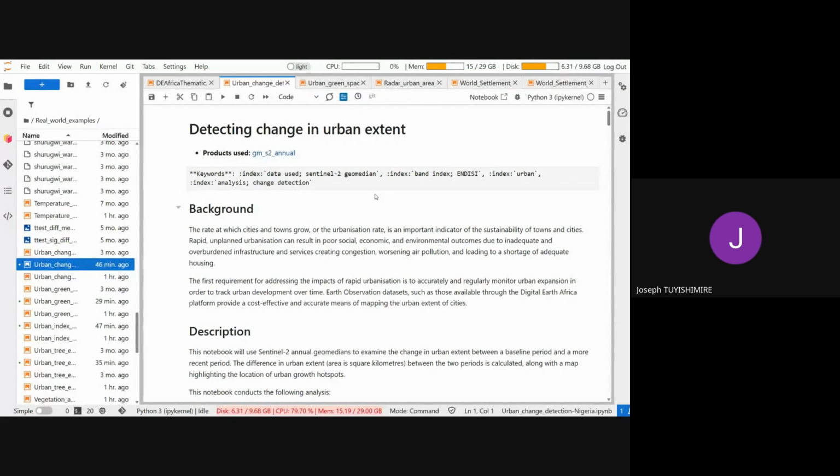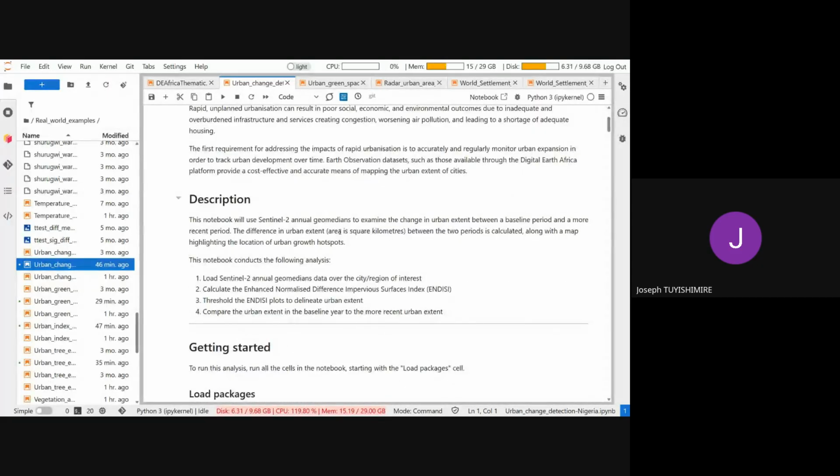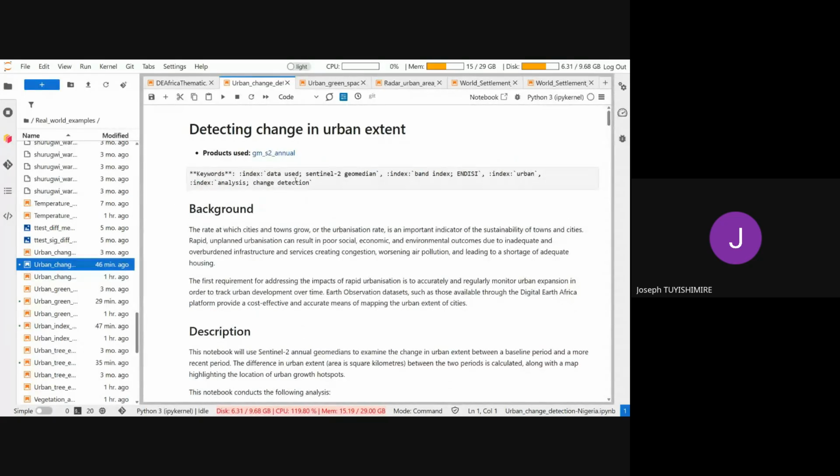This notebook, as I said, uses the Enhanced Normalized Difference Impervious Surfaces Index, and it shows us the rate of urban expansion over time, using our Sentinel-2 geomads.